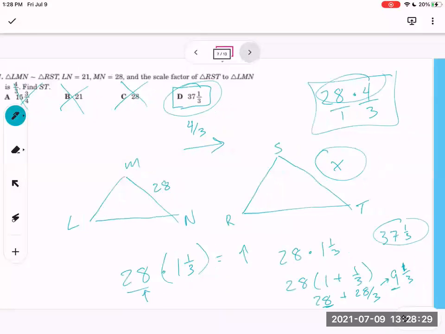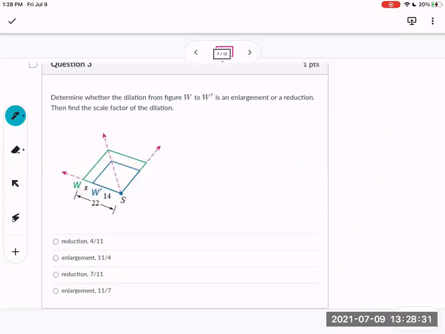Next, determine whether the dilation from W to W prime is an enlargement or a reduction. You can see that W prime is smaller, so you know it's a reduction. This is 22 and this is 14.